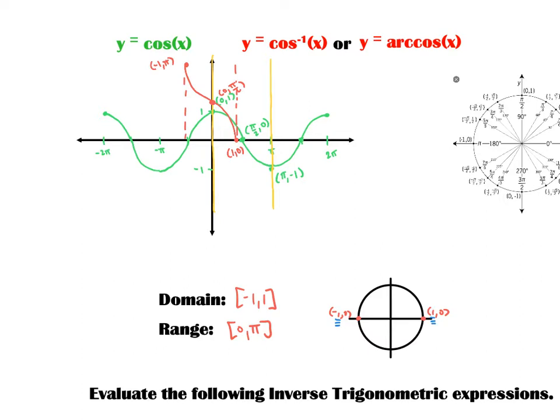All right, the x values we consider cosine values in the unit circle. The range would go from 0 to pi. All right, so this angle here is 0, and this angle here is pi. Therefore, when we look at outputs, unlike arc sine, we're going to get outputs from 0 to pi in quadrants 1 and 2.